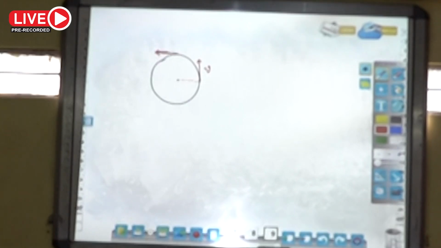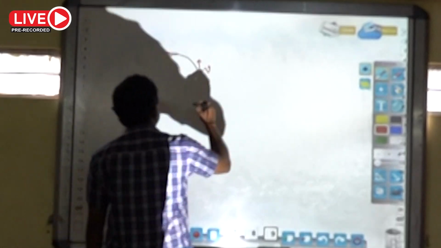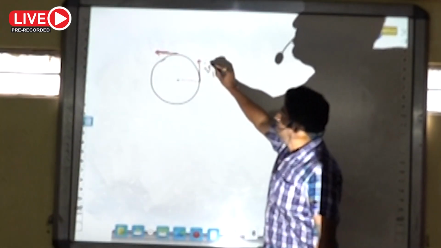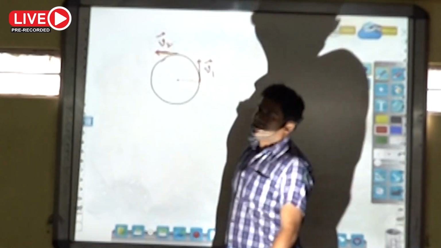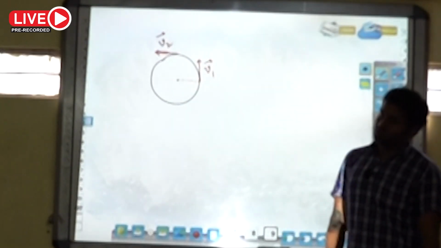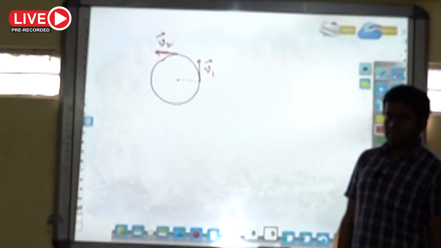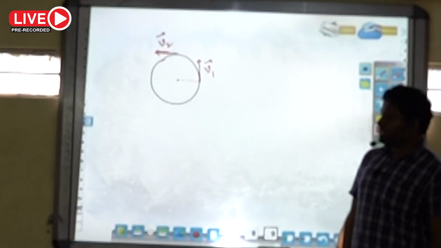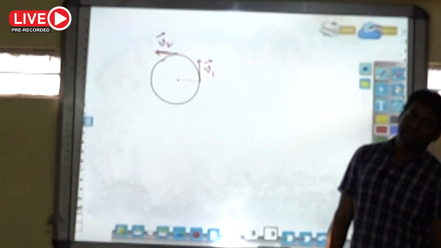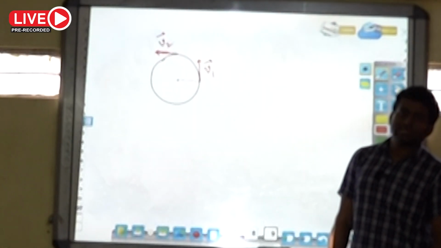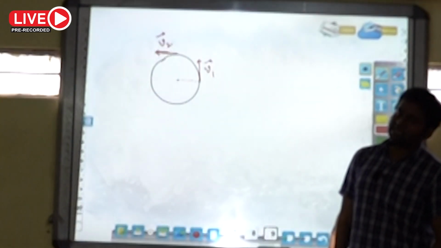How it comes? See, first we consider this is a velocity vector v1. Next we consider this is the final velocity vector at this point. It is denoted as v2. Okay. So I will draw them as co-initial vectors.